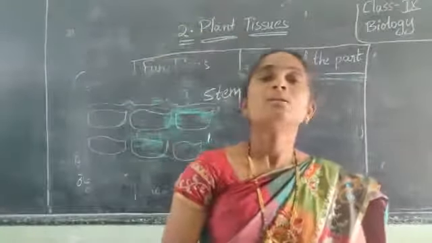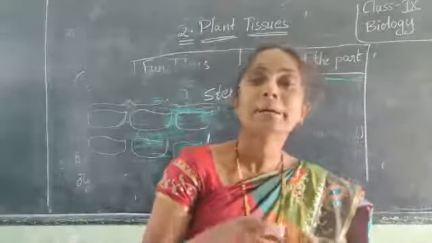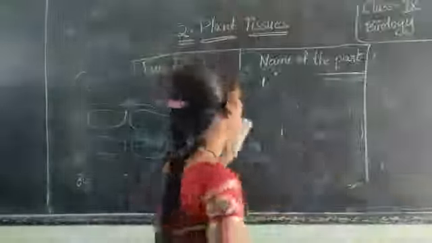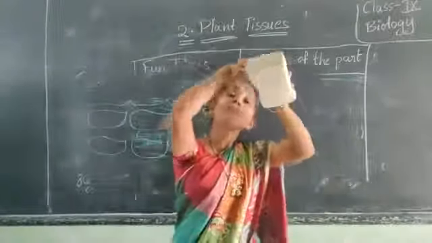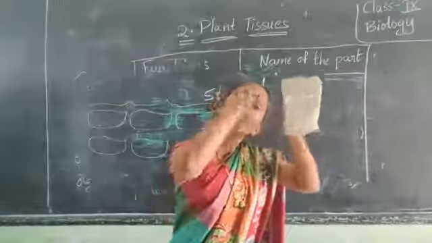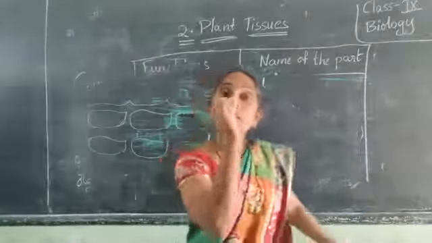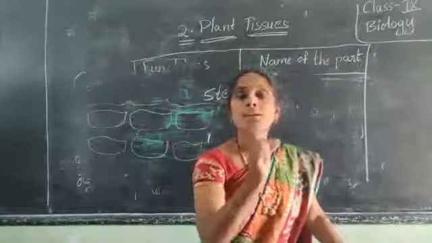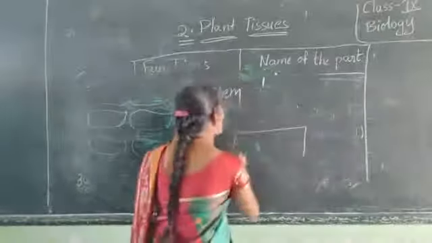It's very smooth in nature. You have to tear it with a single stroke. When you tear with a single stroke, you can clearly observe a thin layer at the corner side of the leaf. That one you put on a slide and add a drop of water on it.